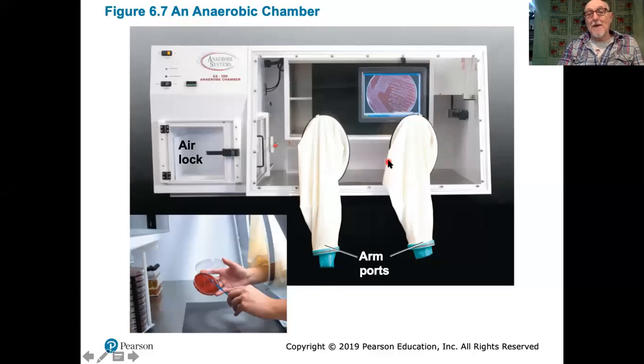They're anaerobe chambers, and they have an airlock. Everything going in and coming out passes through this airlock, which is evacuated completely before you move anything. There are arm ports, and they actually have gloves on the other side usually, and you stick your arms through and you work inside here, so that this is kept completely free of oxygen.